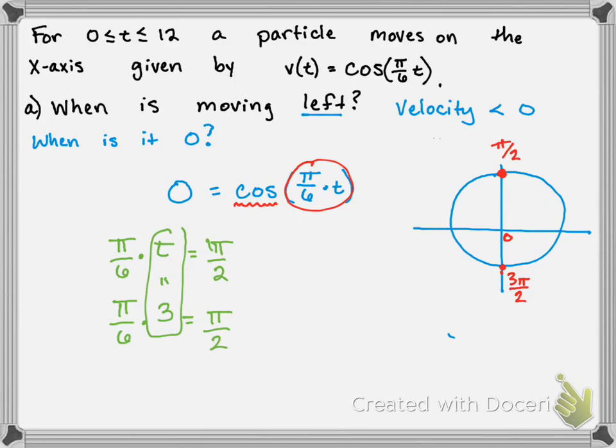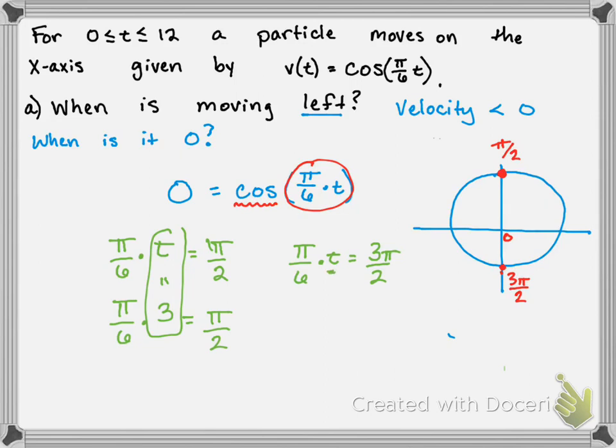It also is equal to 0 for another t value, when it's equal to 3 pi over 2. With the same reasoning, what is going to give me 3 pi? 6 divided by 3 is 2.